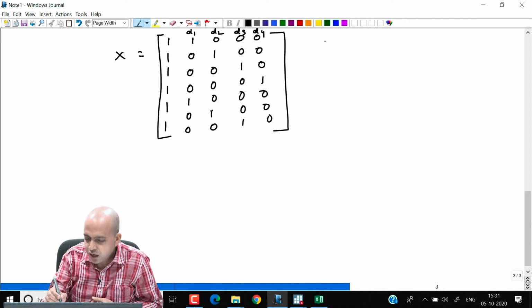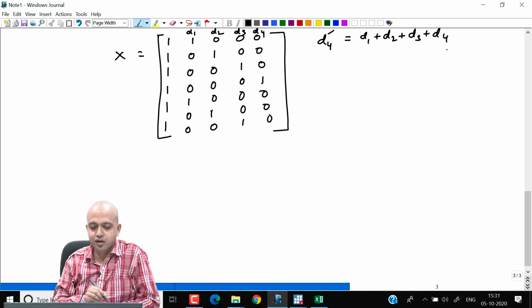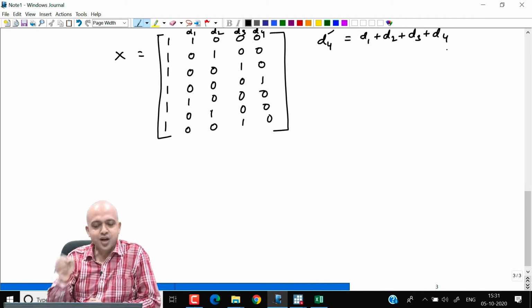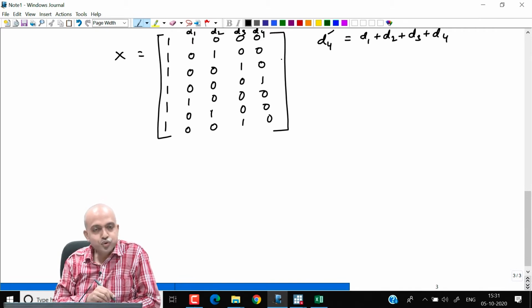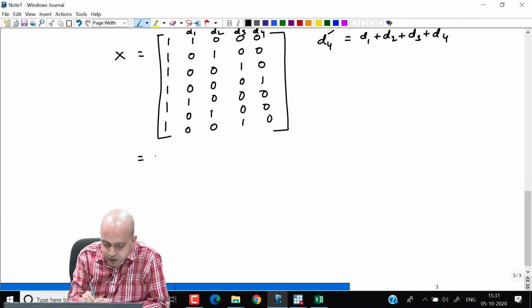For example, let us transform this D4 column as D1 plus D2 plus D3 plus D4. This is how I am transforming the fourth column. If you do so, what will happen? Your matrix will change like this.